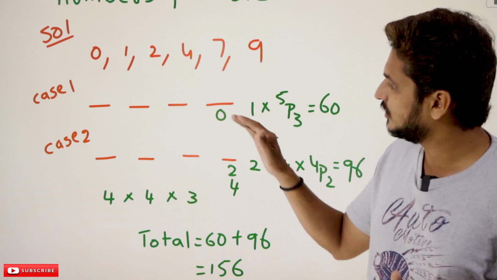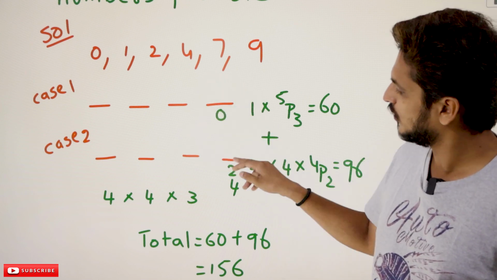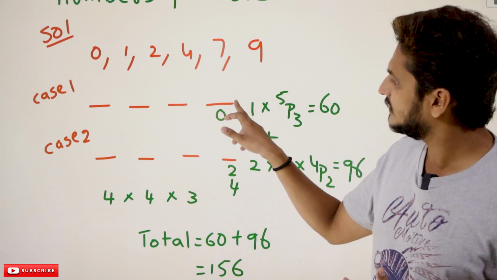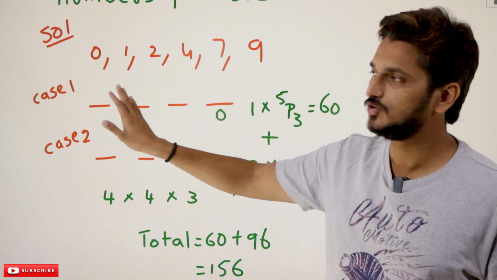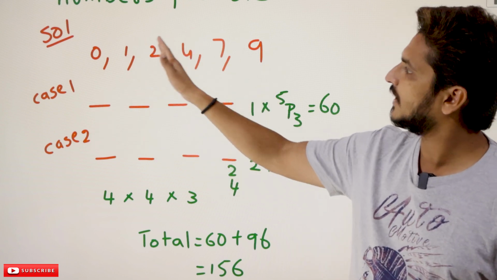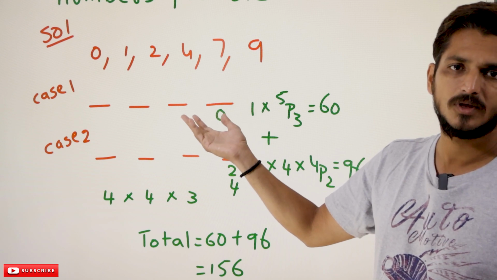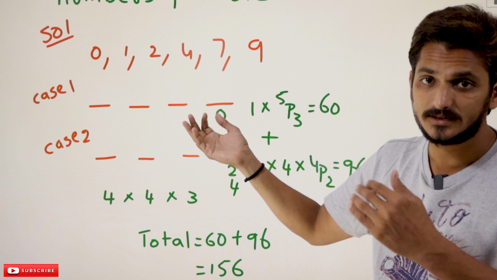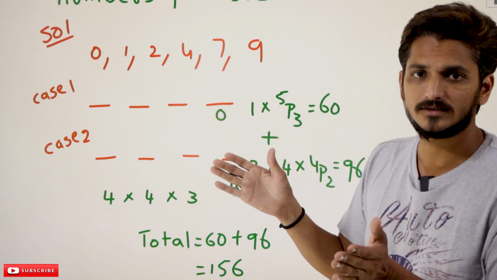But separate them. 0 is a separate case. 2 and 4 are a separate case. Why? If you place 0 here, in the remaining 3 positions you can place any other numbers, because the remaining numbers don't include 0. Identifying this possibility is a different case.